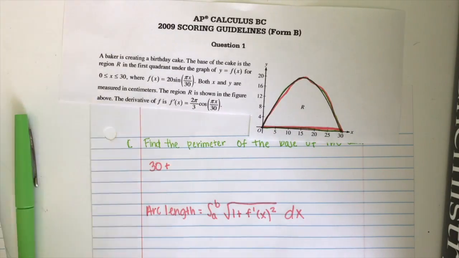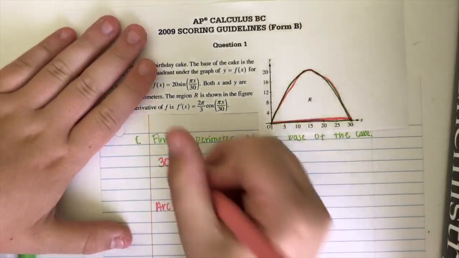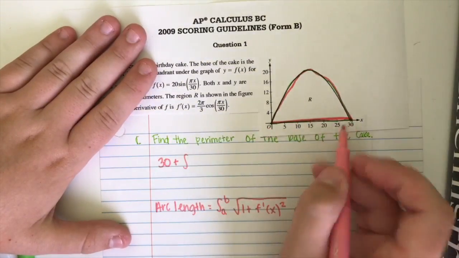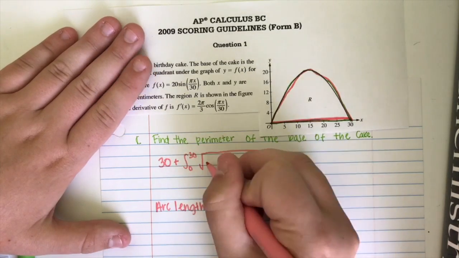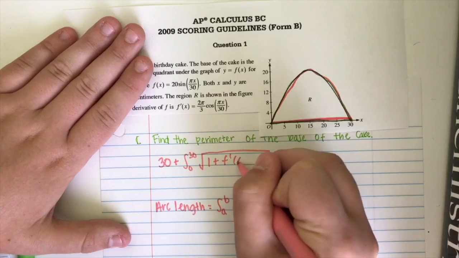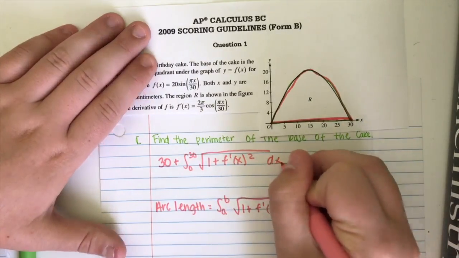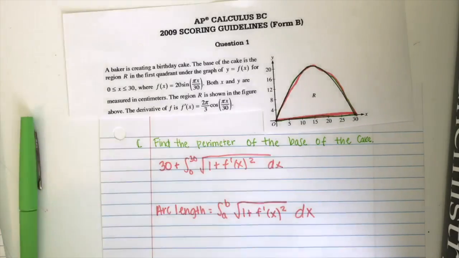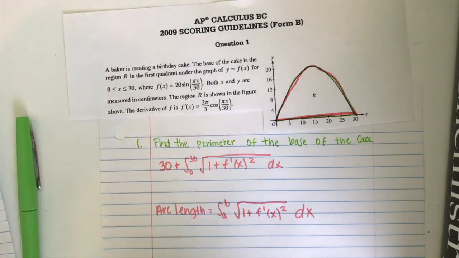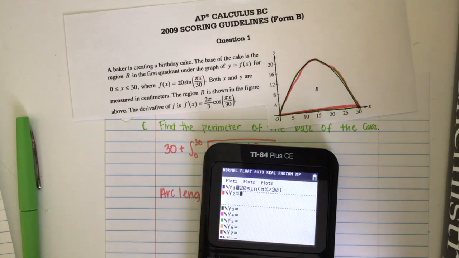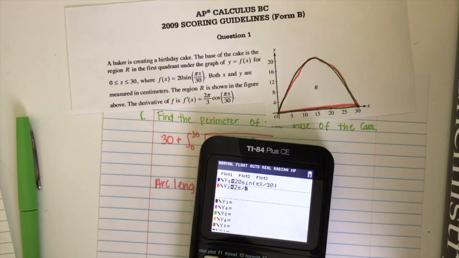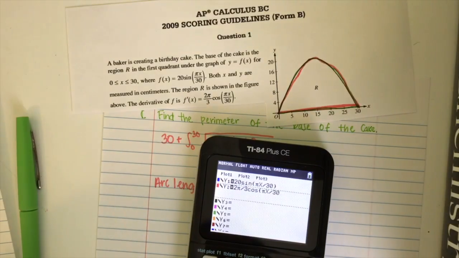So to find the length of that, we just use the integral from 0 to 30 of the square root of 1 plus f prime x squared dx. So they gave us the derivative already at the beginning of the problem. So if you just take it, plug it into your y equals, it's 2 pi divided by 3 cosine of pi x divided by 30.